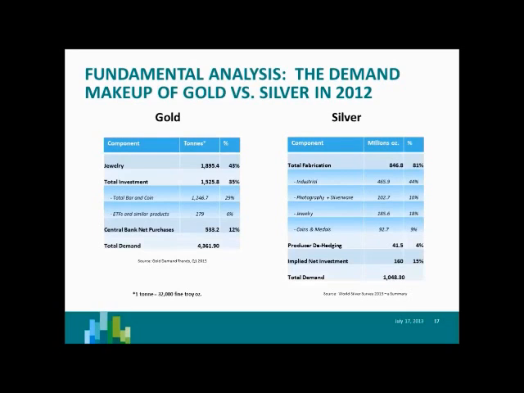If, on the other hand, you think the economy is going to continue to be very weak, there's going to be strife around the world, you might want to be long gold and short silver because of its industrial applications. You would think the economy might not be doing as well. So that's an example of using fundamental analysis to trade the gold-silver ratio.